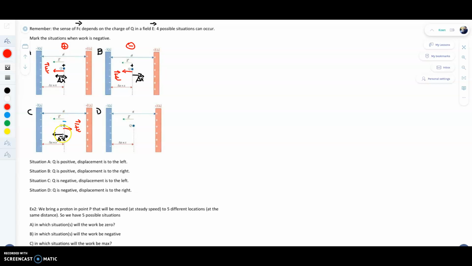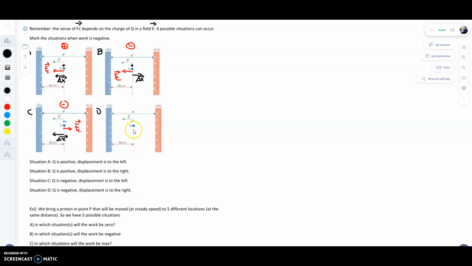It moves in the opposite direction. Makes sense that a negative charge would be drawn towards the positive plate in this case. Now as you can see, the sense between displacement and your Coulomb force is again opposite, meaning this is negative work in this case.